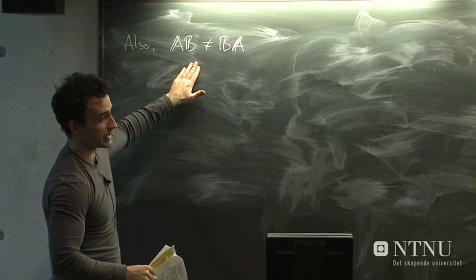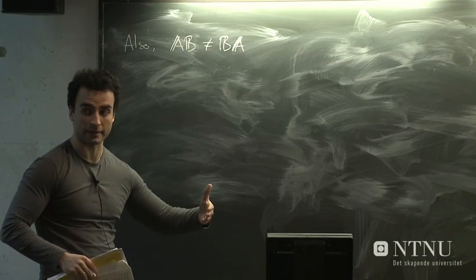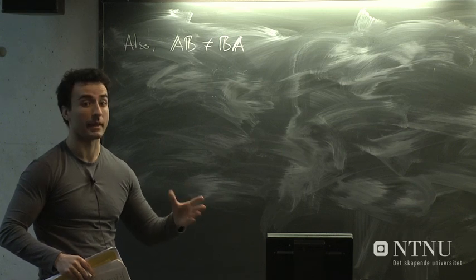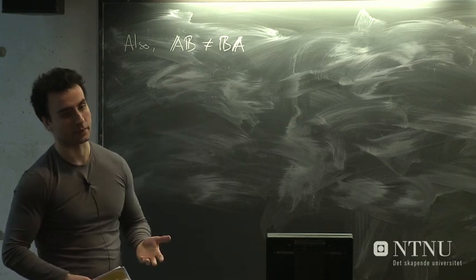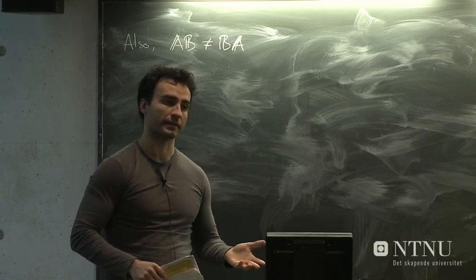So what this means is that the order of transformation, the order in which you rotate something, matters. You can't just exchange the orders and get the same result. And we'll have a look at a specific example of that in a little while.